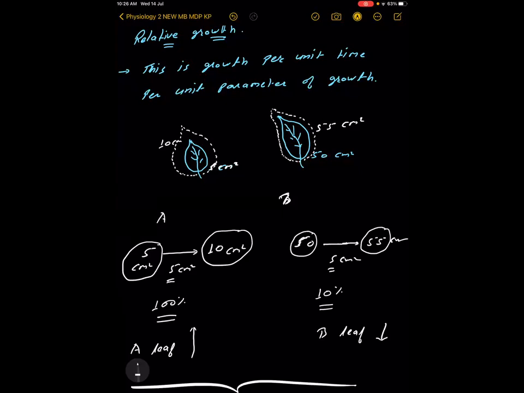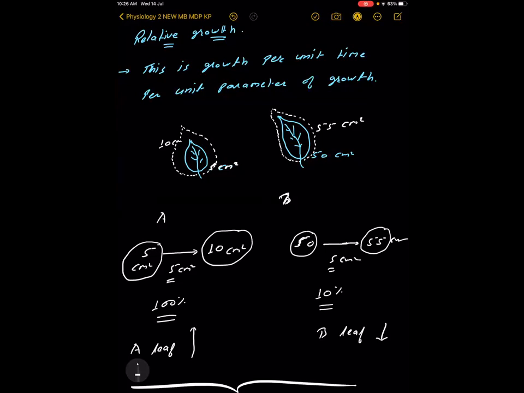Next term is differentiation, de-differentiation, and redifferentiation. What is differentiation? First of all, differentiation means meristematic cells divide continuously. After a certain period, after some mitosis, 2-3 mitosis or 10 or 20 mitosis, whatever the number, they divide continuously, and finally these cells stop division. They get differentiated, they get matured.